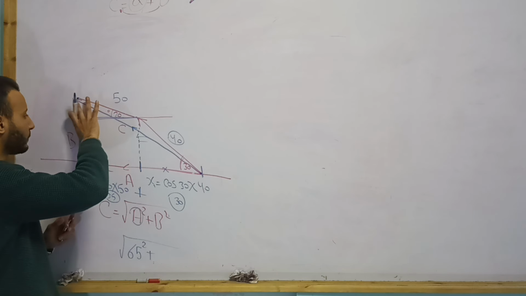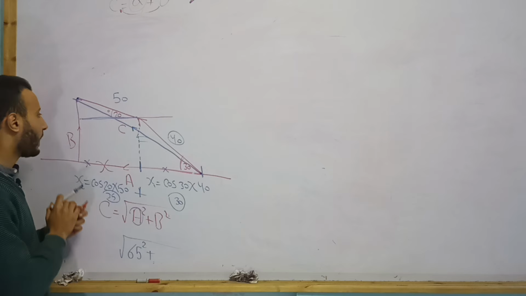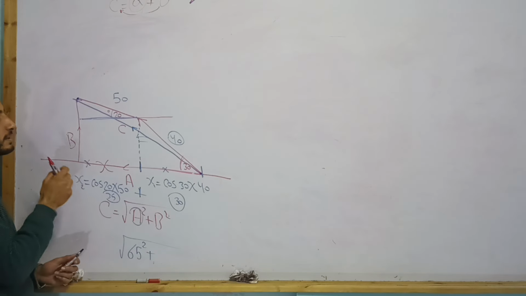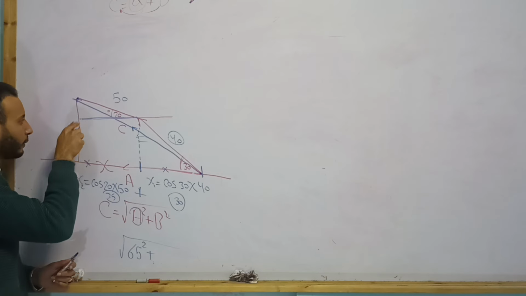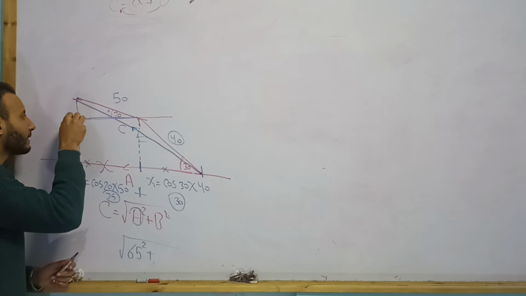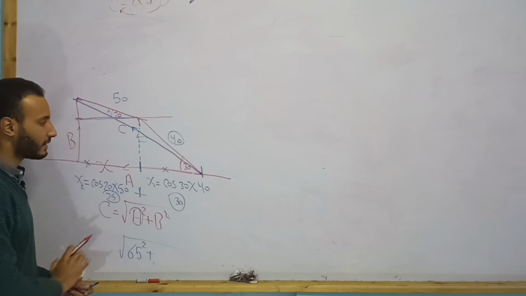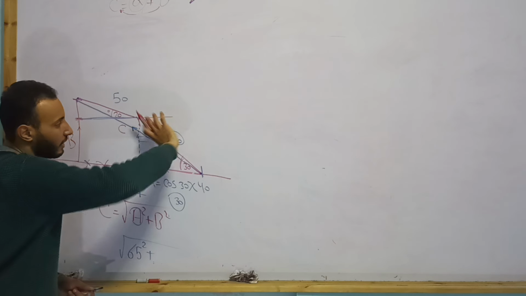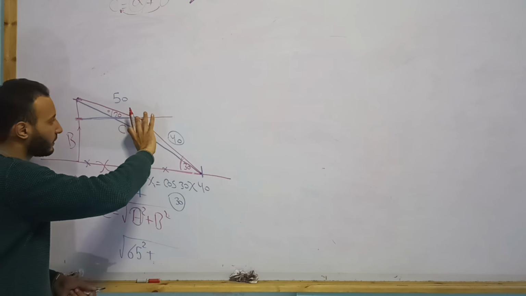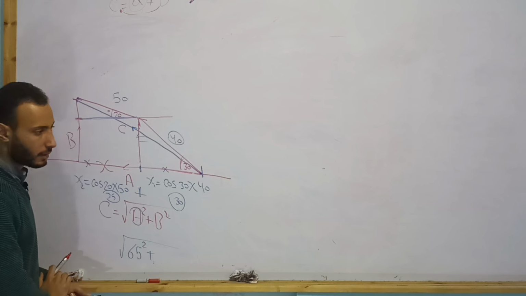Then we have to get the B, this part. How can we get this part? You will find that this part consists of two parts. The first part, this one, and the second part, this part. So why am I saying that? Because this is the y component of this vector, this part, and this part is equal to this part.